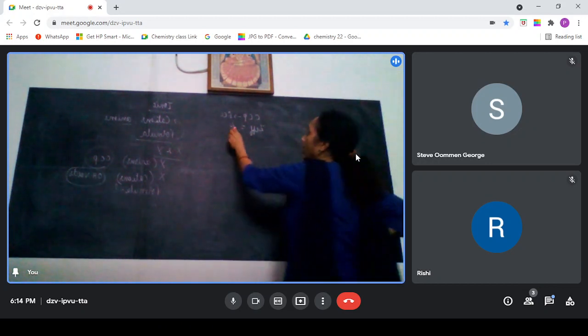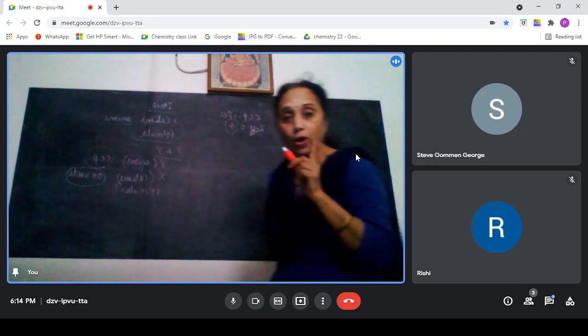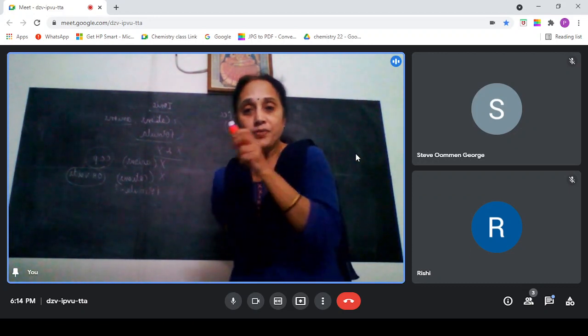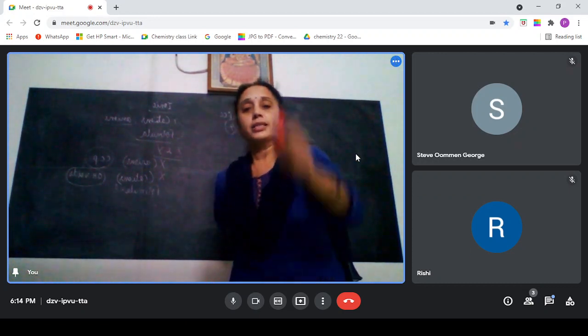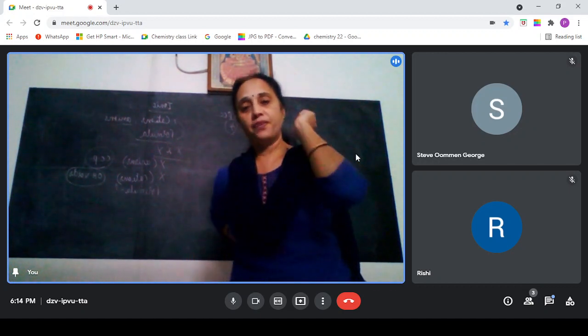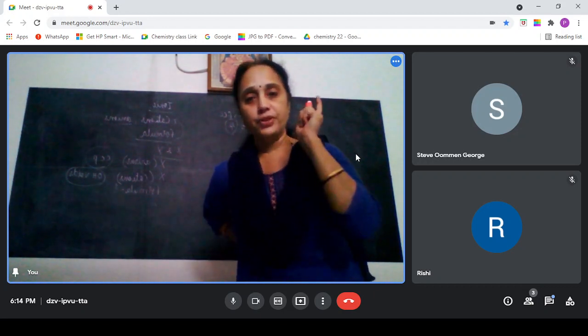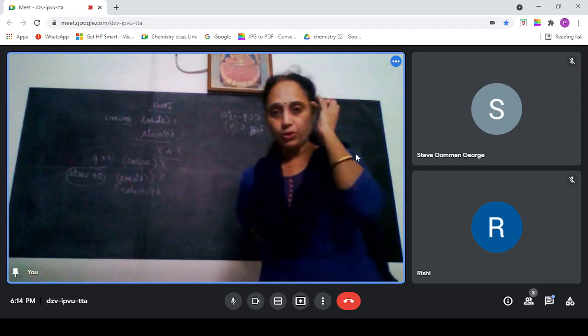That means there are 4 particles per unit cell. Important point: whenever you see FCC, Z effective is 4. Whenever you see BCC, Z effective is 2. And whenever you see simple cubic, Z effective is 1. You have to register that.